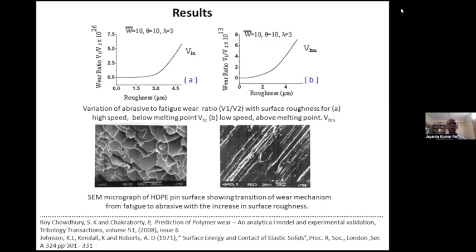Next, we go to two plots in the top of the slide, where we plot V1 by V2 against roughness. Now V1 by V2 is the ratio of abrasive to fatigue wear. The first plot is for high speed below melting, HT. And the second plot, low speed above melting.